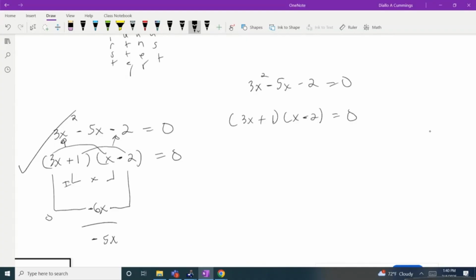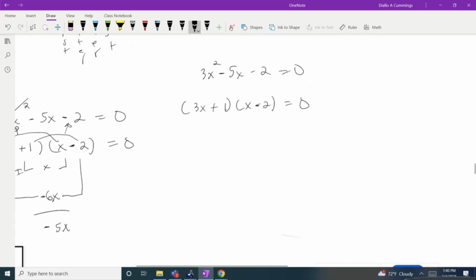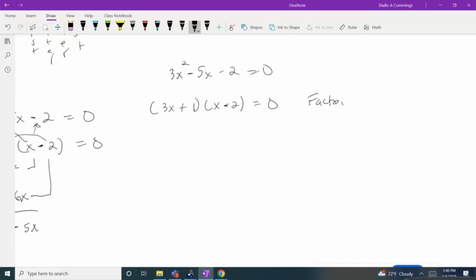If you were to multiply these together, you should get this. Next, we're going to use that zero factor property. The zero factor property says if a times b equals 0, then a equals 0 or b equals 0.